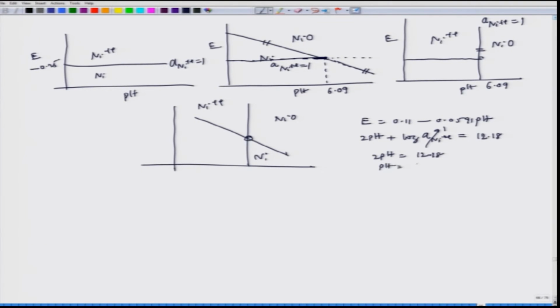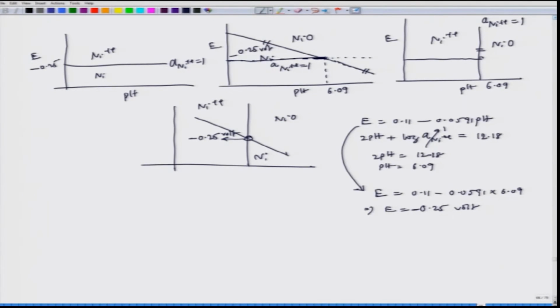So, pH equal to 6.09. So, if I put this here, E is equal to minus 0.25 volt. So, you see that at this point the potential also becomes minus 0.25 volt, and here also it was minus 0.25 volt.